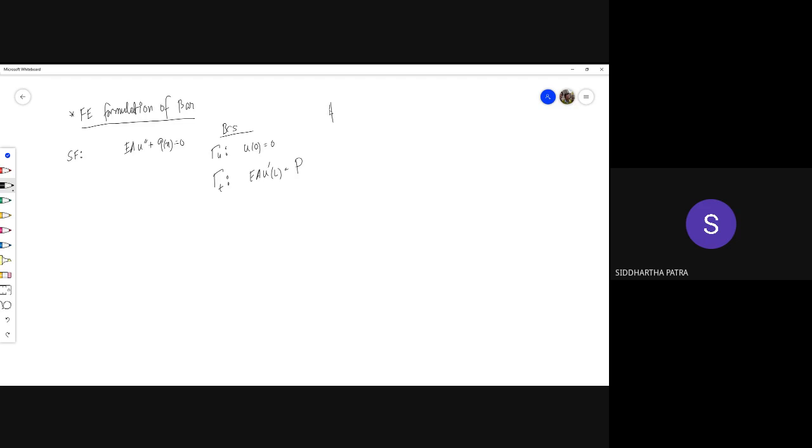So we are talking about this configuration here. A bar which is fixed at one of the ends and then acted on by a distributed load Q per unit length.